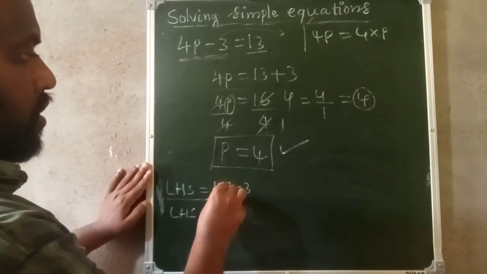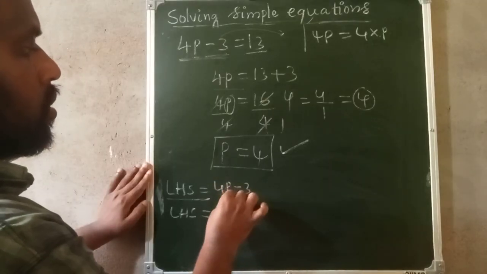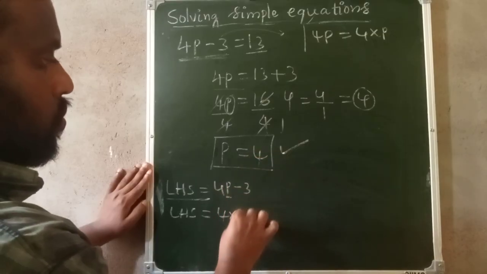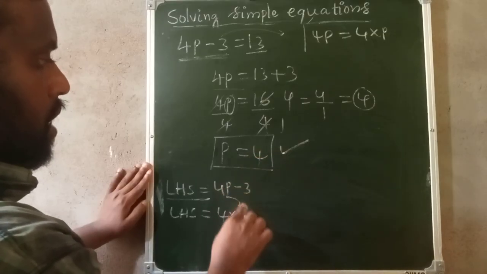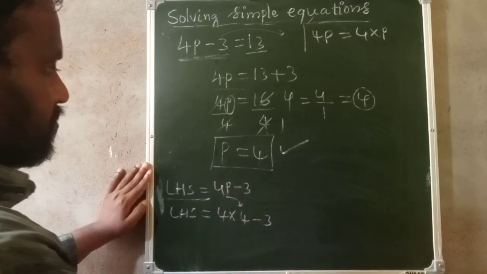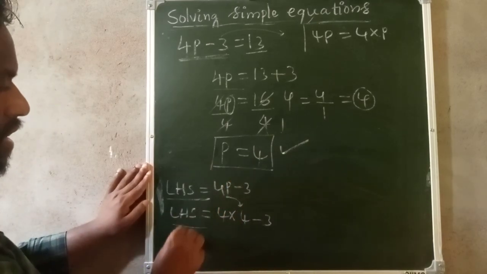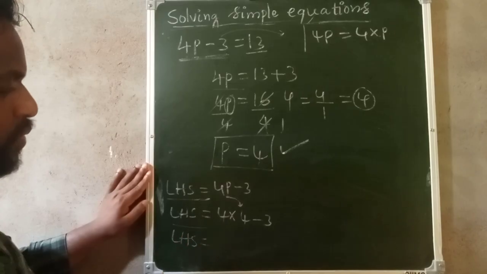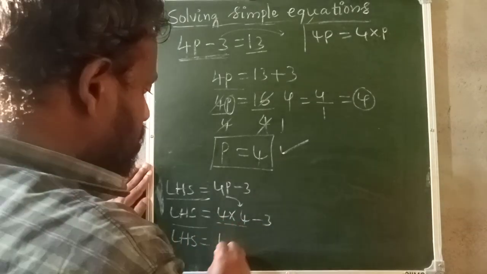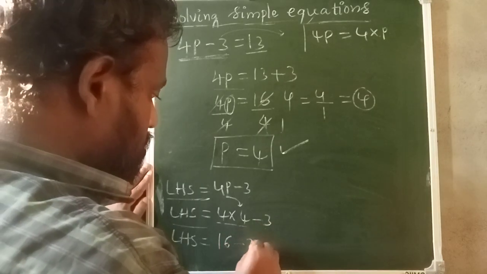So after 4, multiplication is there, so I will write into p. P is equal to 4, so in place of p I will substitute 4. So in place of p I have substituted 4, and this minus 3. Next step, write this as it is. LHS is equal to 4 into 4. 4 4s are 16, minus 3.